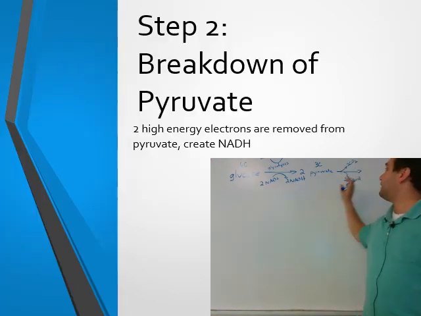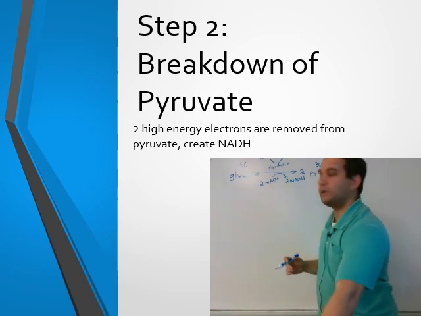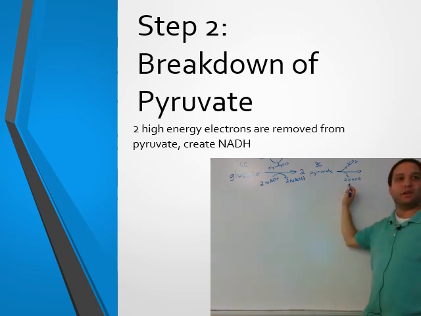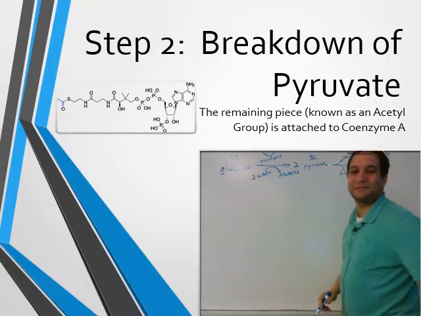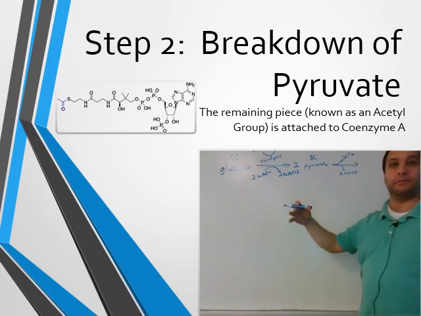So we created NADH. We've pulled in those high energy electrons. So if we've moved electrons from pyruvate to NADH, what have we done? Well, it's stored energy. Let me put it a different way. We've oxidized the pyruvate. That remaining piece is an acetyl group.